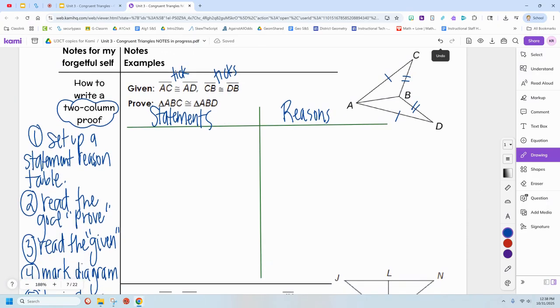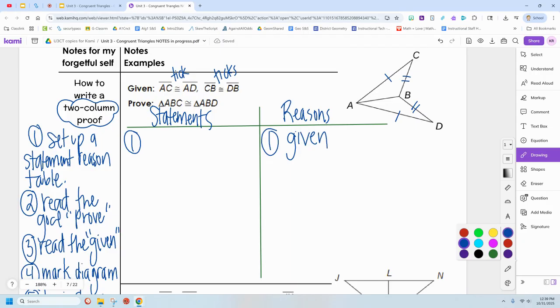But we do have another step to start off with. Here we go. The first statement goes with the first reason. So we number our statement reason pairs to keep ourselves organized. Now, the first reason is always the stuff that is given to you as true.